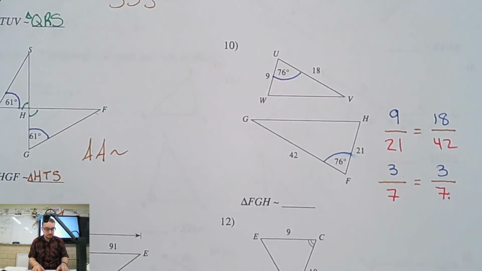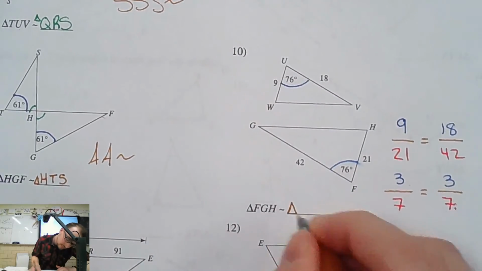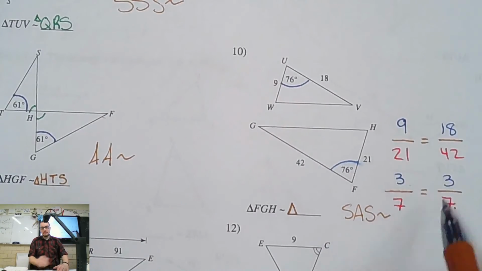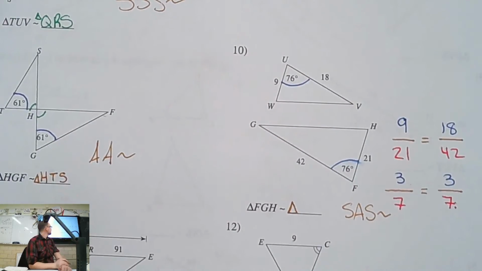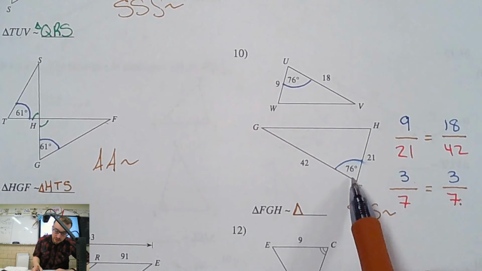Okay. All right, so these triangles are similar. Let's match them up. That was by side angle side, right? We got two sides that are proportional and one angle in between. Let's match up our triangles. F must go with what?